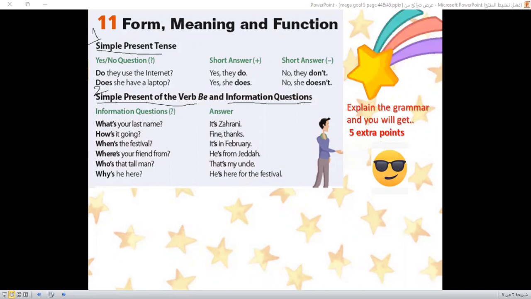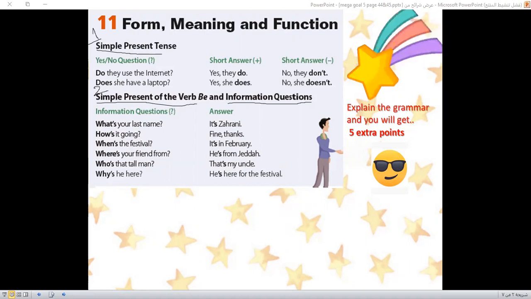I'm going to take part 2. Okay, yes, Hanan. We start this question with the question words like who, what, why, and we add the s. S or complete S? S. Yes, very good.